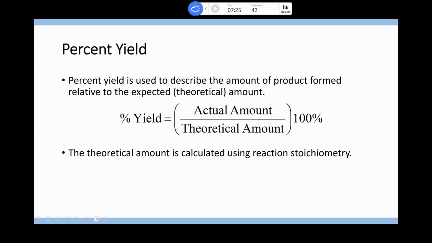So we use percent yield to determine relatively how much of the theoretical amount is produced and collected. So for percent yield, we take the actual amount that's produced and measured in a lab, divided by the theoretical amount, which is what we calculate using reaction stoichiometry, so the maximum amount that could be produced, and then multiply it by 100.